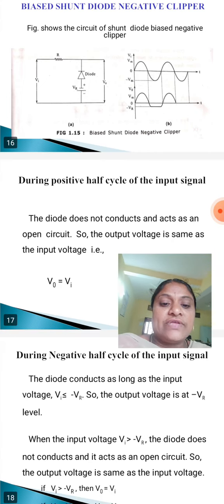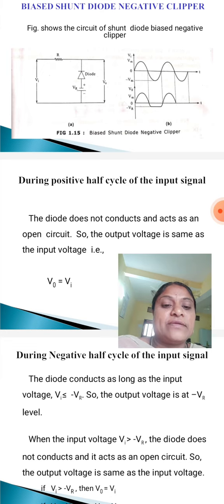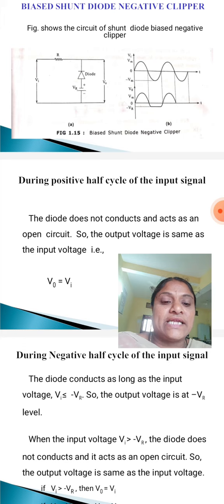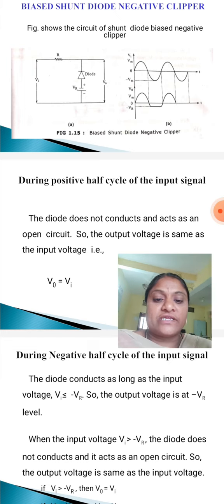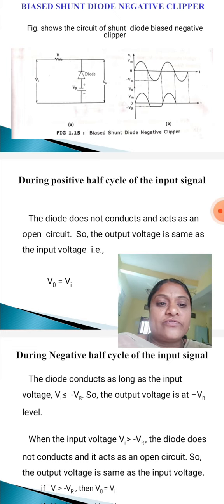Next, when the input voltage Vi is greater than minus Vr, the diode does not conduct and it acts as an open circuit. So the output voltage is the same as the input voltage.